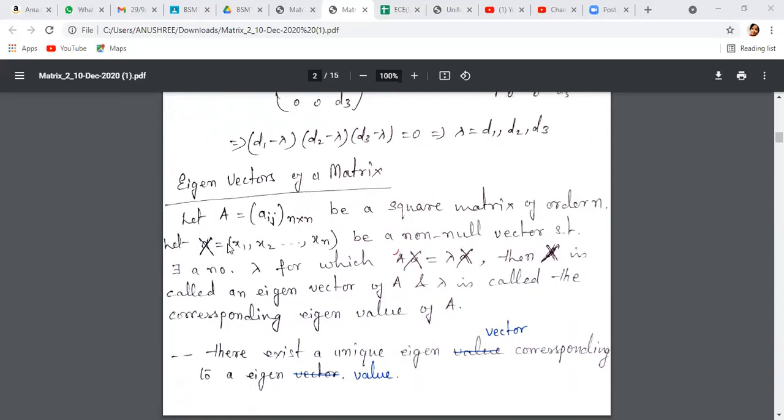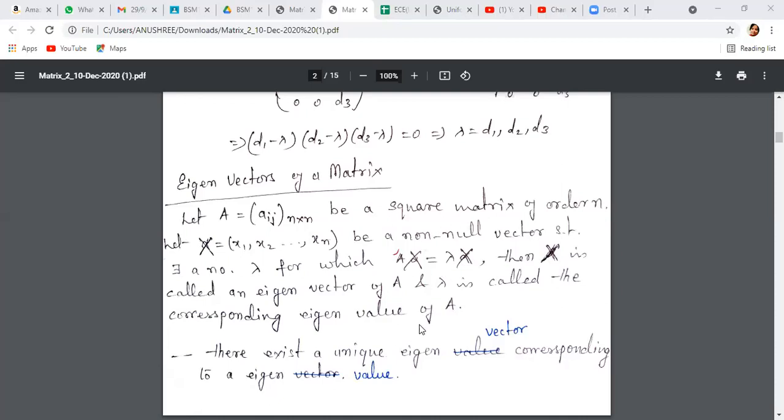They are considering it as a vector such that Ax equals lambda x. If it satisfies this equation, Ax equals lambda x, then this vector x is called an eigenvector of the matrix A. Right?